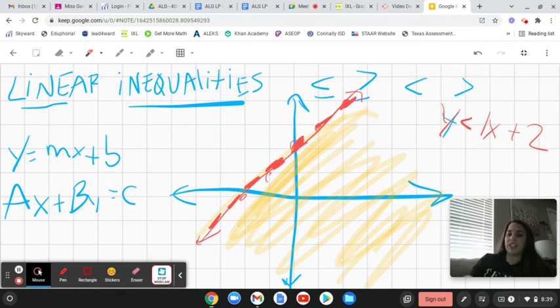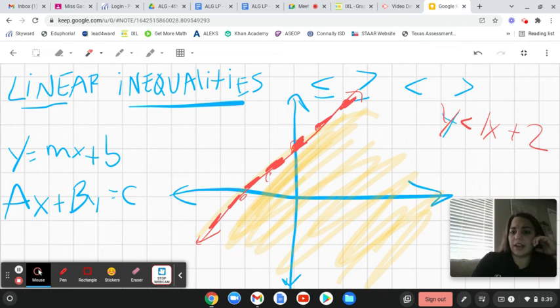So we took a linear expression or a linear function and we changed it into something that does not exactly equal the line. We knew how to draw it. However, it's either going to be greater than or less than. So if it was greater than, we would have done it above the line, which is kind of like all the y values are bigger, right? So I would have shaded on the top.